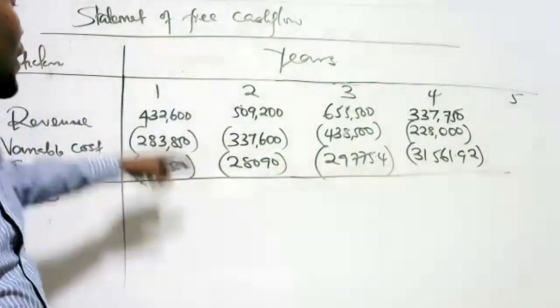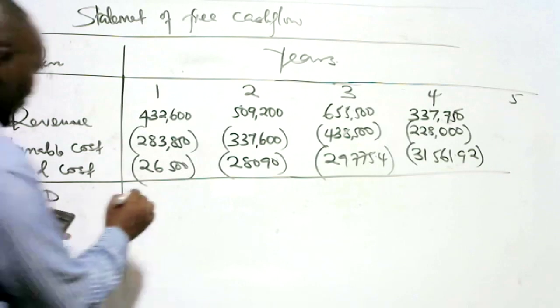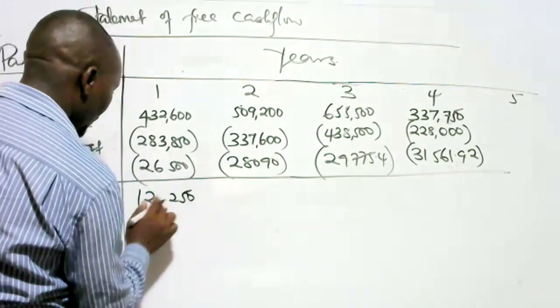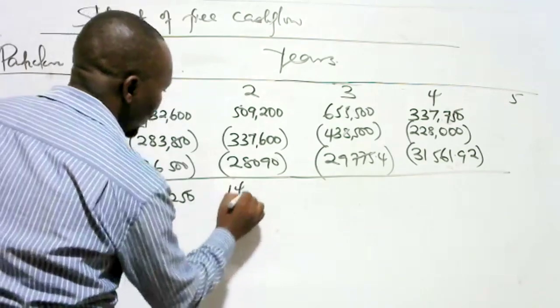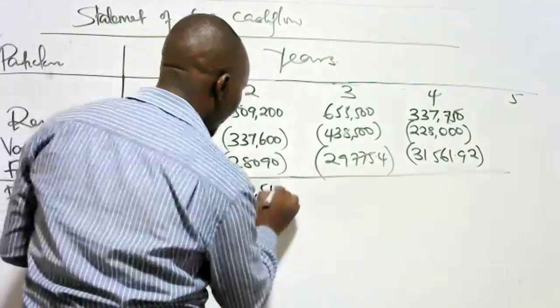Violet, do for us year 2. I'm doing year 1. Year 2, 143,510.